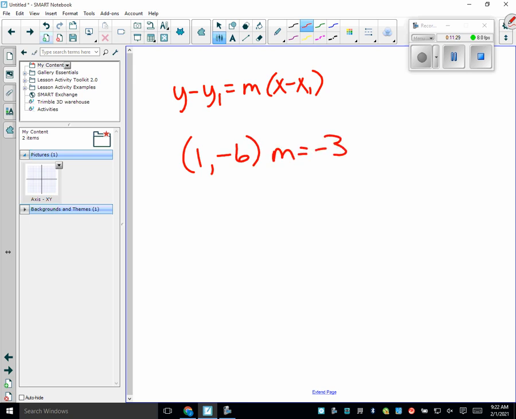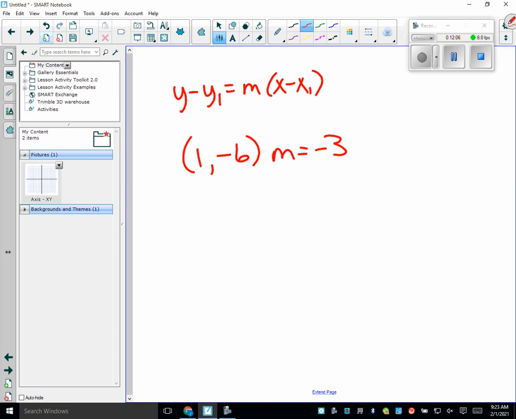Okay. If I give you this, the directions say write the equation through the given point that has the slope, and you're going to write it in slope-intercept form. That means your end result is y equals. All right? Can I fill this in? Do I have an x1, a y1, and an m?